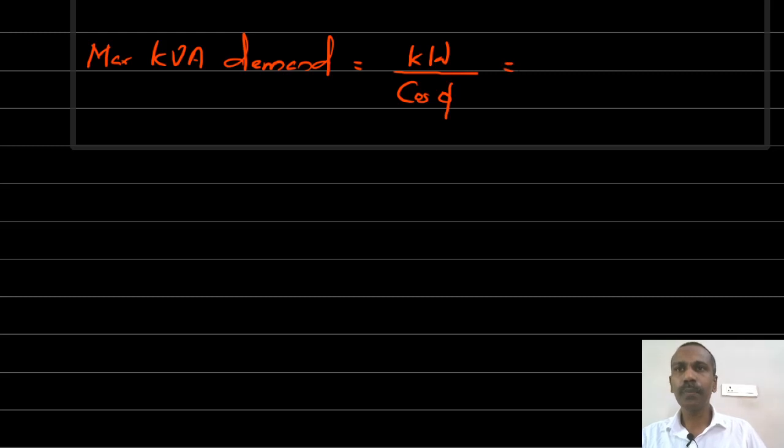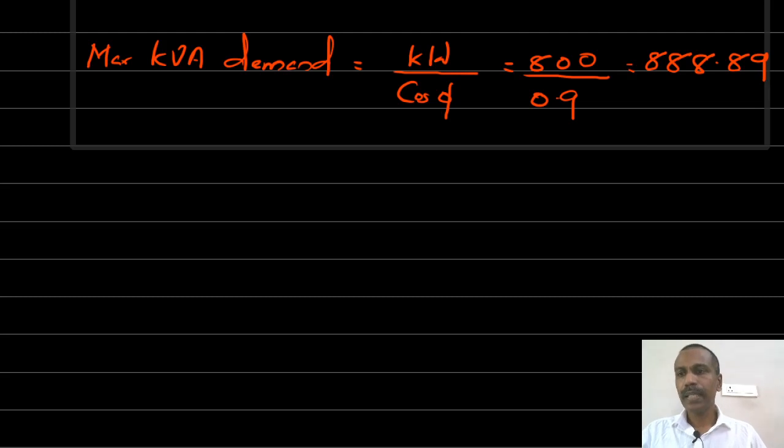Now the power factor is improved. By connecting the capacitor bank, the power factor is improved up to 0.9. So here the cos phi is equal to 0.9. So this is equal to 888.89.